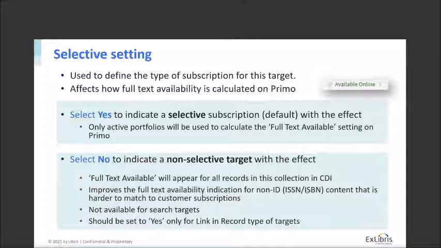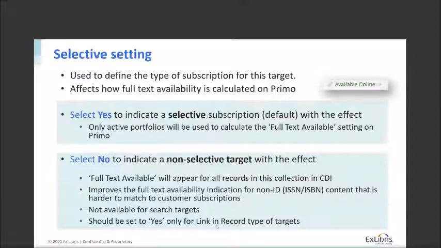It actually makes our life a little bit easier in CDI, in that we can say for the whole collection, everything is available. We don't have to match the portfolio information in the CDI export file, in the holdings file, with the CDI content. So it's good, especially for non-ID content, but it should only be set to yes for link in record type of targets, not for link resolver type of targets.